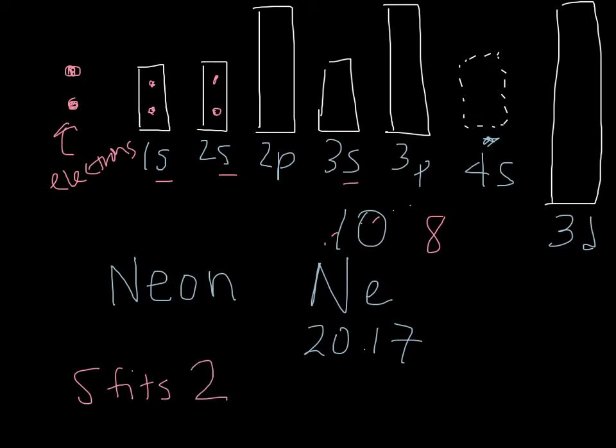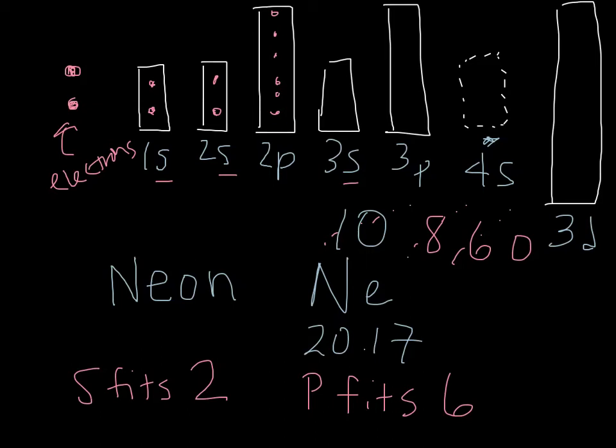That makes it a little bit easy to remember. If s fits 2, now we have 6 more. And p fits 6. So we have 1, 2, 3, 4, 5, 6. Great. So now we have 0 electrons left.